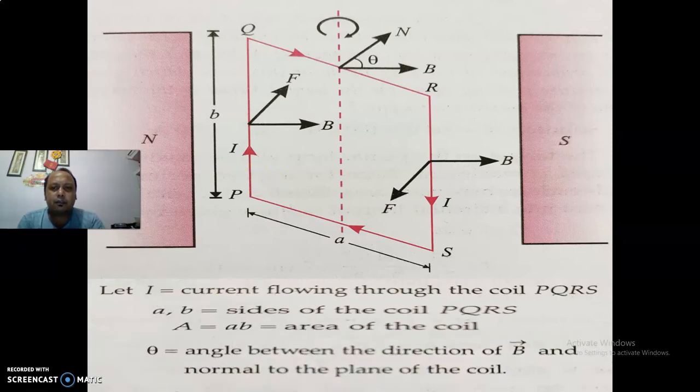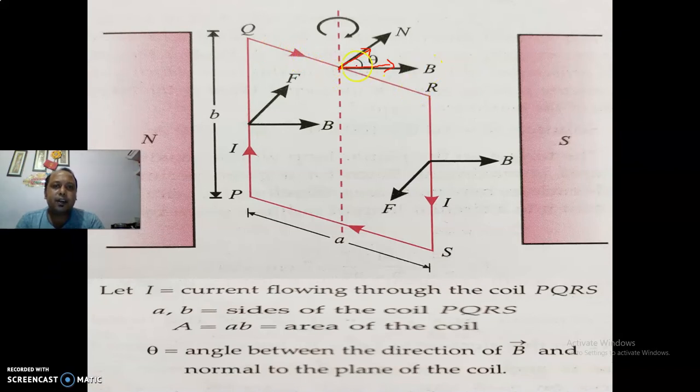And one more term which you need to understand very clearly, which is theta. This theta is the angle between the magnetic field, this is the direction of magnetic field which I am showing by red ink, and the direction of perpendicular to the surface of the rectangular coil.